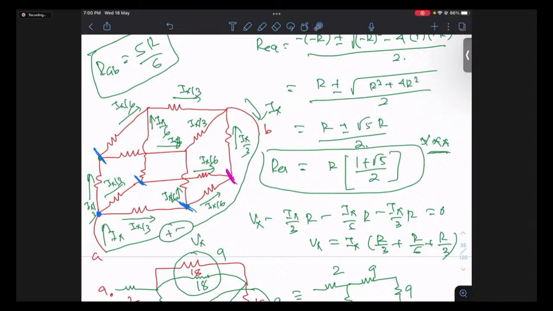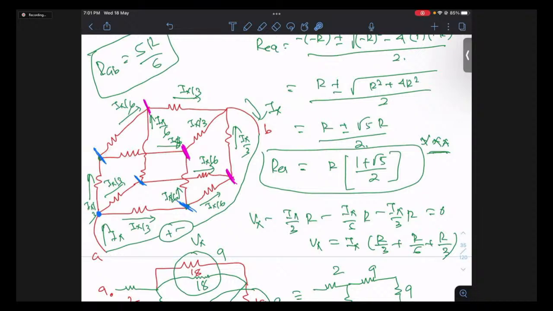So this node potential is basically this node voltage minus the drop of this. Similarly, this point potential will be this point potential minus the drop of this. In the same way, this point potential is basically this potential minus the drop of this.